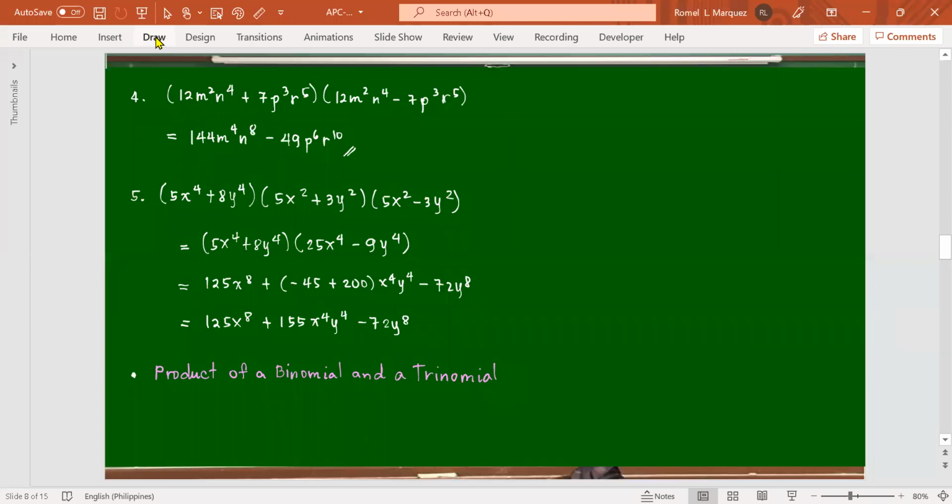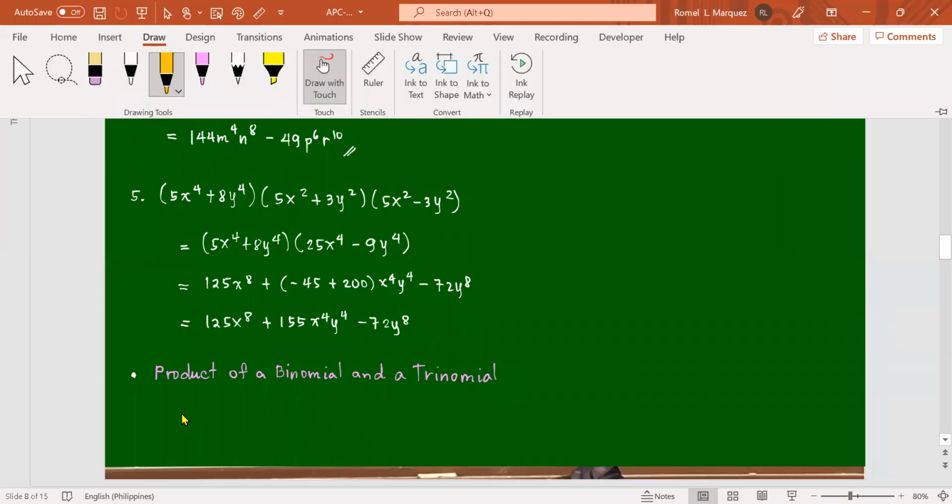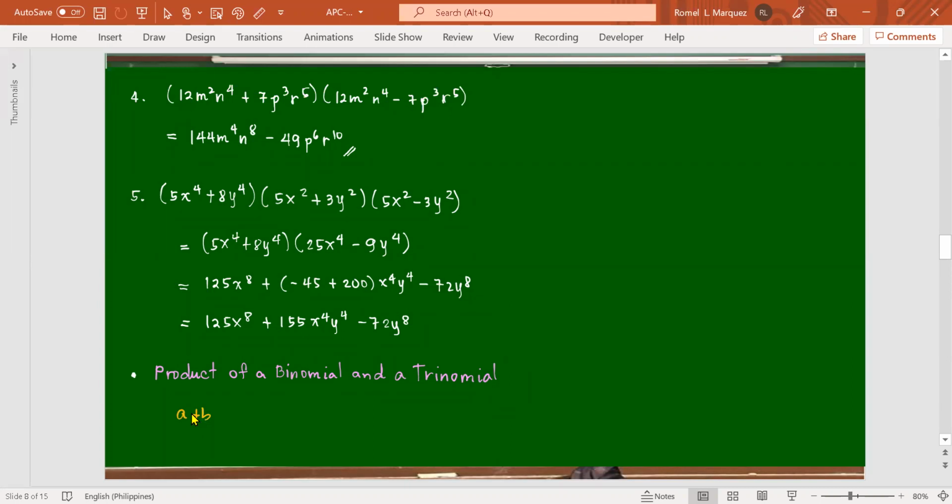Okay, guys? What form? If I have A plus B multiplied to A squared minus AB plus B squared. Look at the pattern: A plus B, then square the first, for the second factor, the product but negative, then square the second.